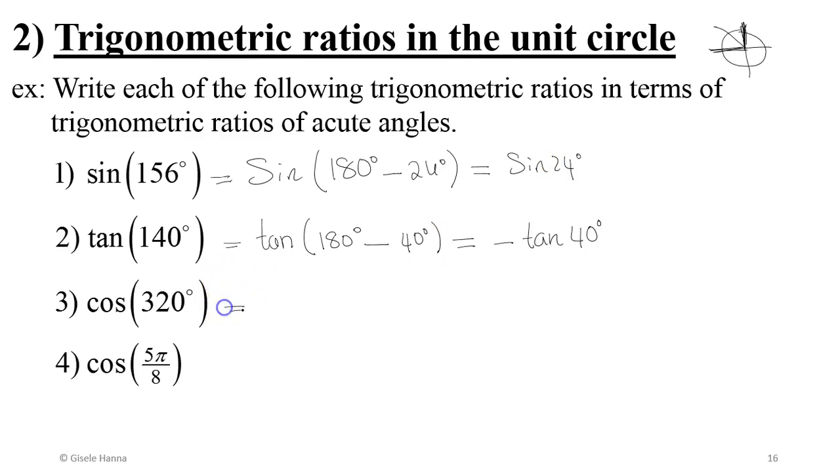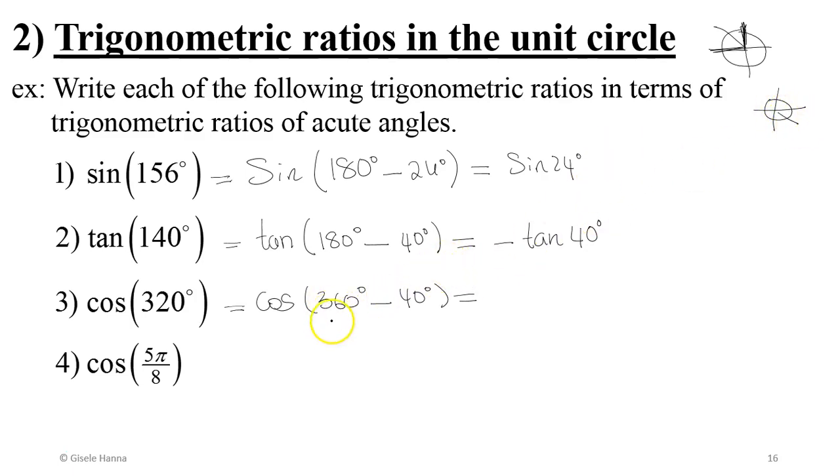Okay? Well, over here, cosine of 320 degrees. Now, you'd notice that this 320 is closer to 360 than it is to 180. So for that reason, we'd consider this as 360 minus 40 degrees. Now, 360, that's a full turn, minus 40 degrees, that's in quadrant 4.